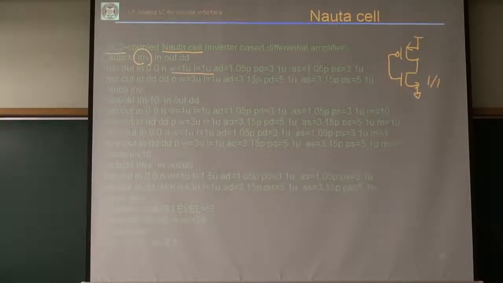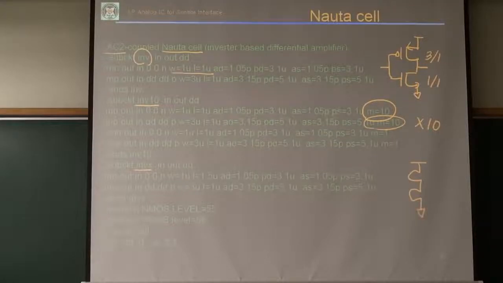One by one NMOS, 3 by 1 for PMOS, right? That's the inverter. And inverter 10 is just 10 times that, the inverter multiplied by 10. So this inverter X is a mismatched one, but that's okay, I mean, it works anyway.